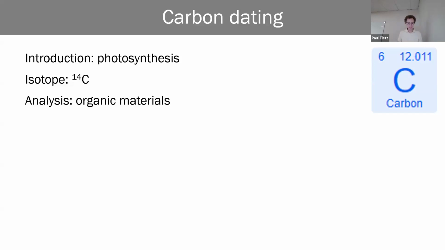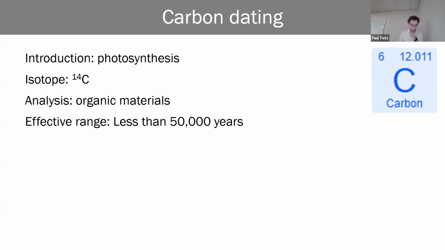For example, the effective range on this, thanks to a 6,000 year half-life for 14C, is extended out to around 50,000 years, which is really relevant for human history, human timescales.